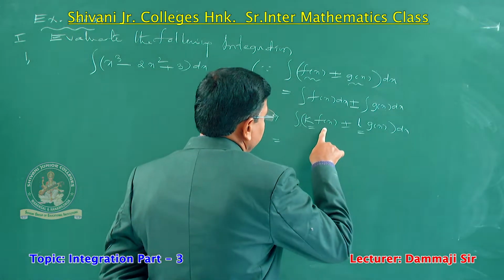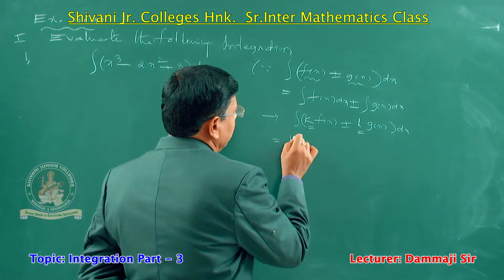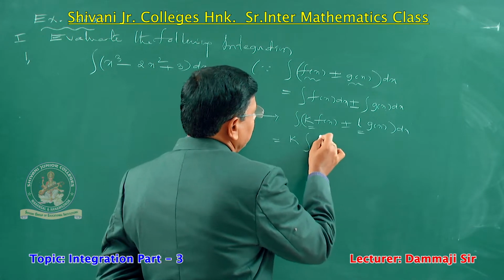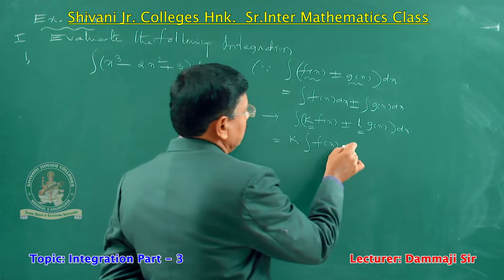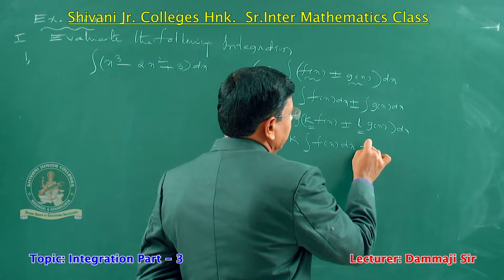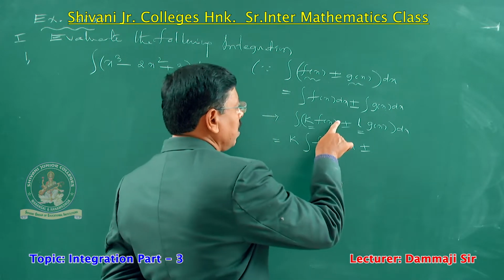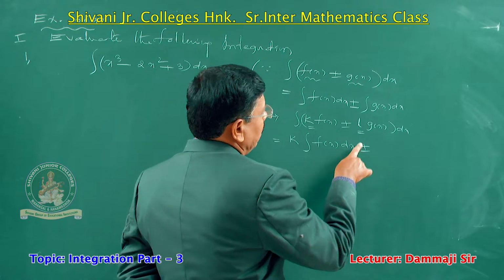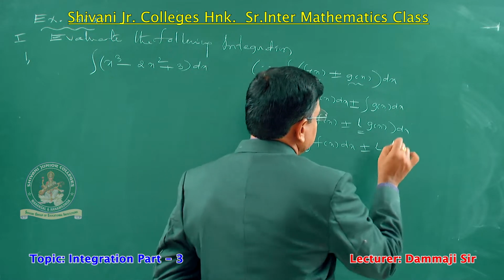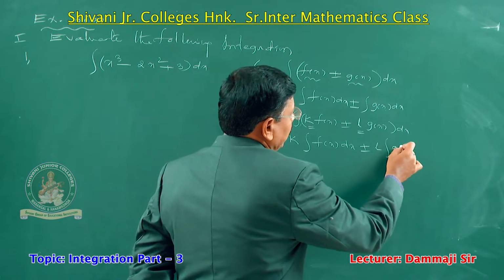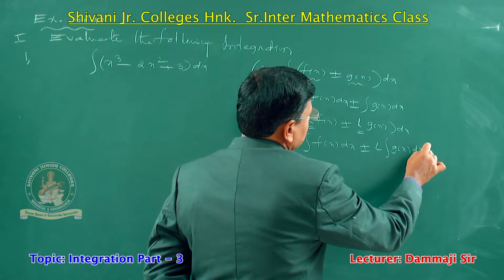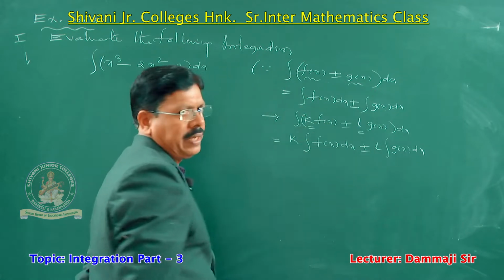The coefficient k you can write down in front of the integration, then keep the same sign, either plus or minus. L is the coefficient in front of the integral notation.